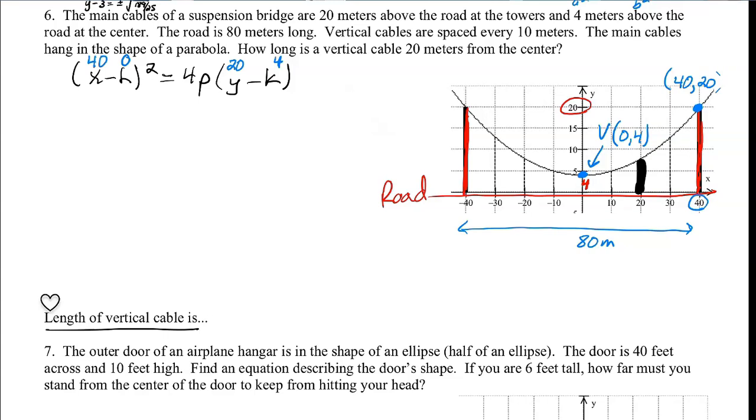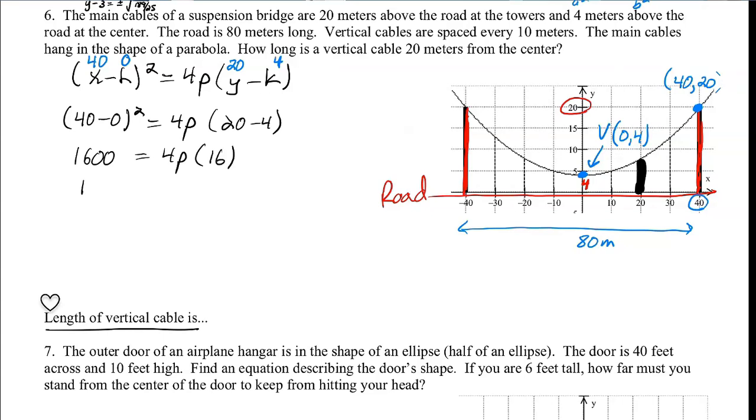And then we can find the value of p, and then we will know what the equation is, and we can answer the question. So we have (40 minus 0) squared equals 4 times p times (20 minus 4). So that would be 1600 equals 4 times p times 16.